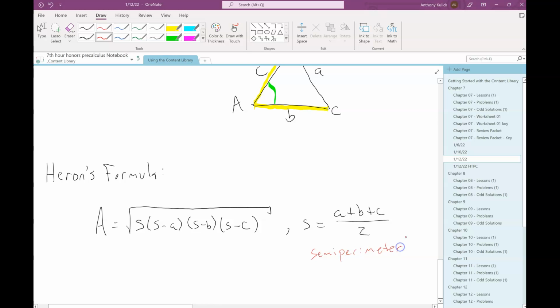Sometimes we call that value S the semi-perimeter. Notice that A plus B plus C is the perimeter of our triangle. And half of something is often designated with semi as the prefix, like half a circle is a semicircle.